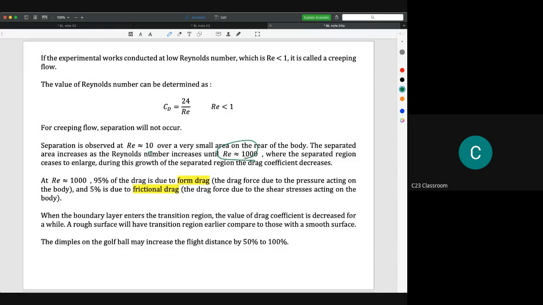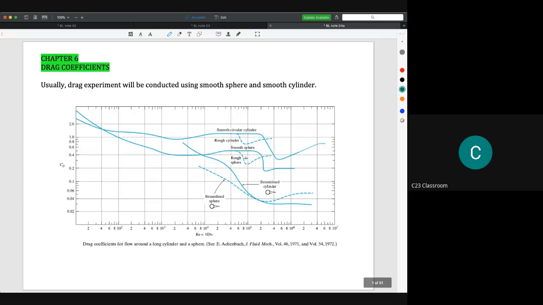This is what the graph is telling you. Here you could read 10 to the power of 2, and this is 10 to the power of 3, which is a Reynolds number of 1000. You will find that the area of separation becomes larger and larger, which gives a decrement of the drag coefficient.